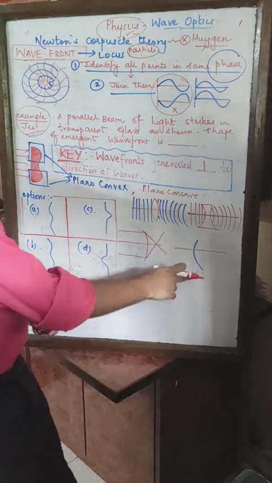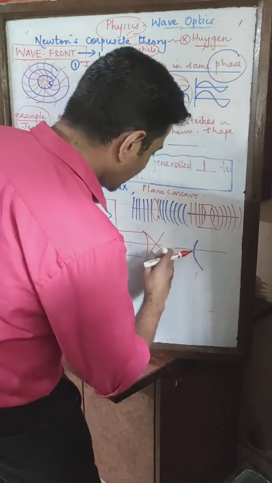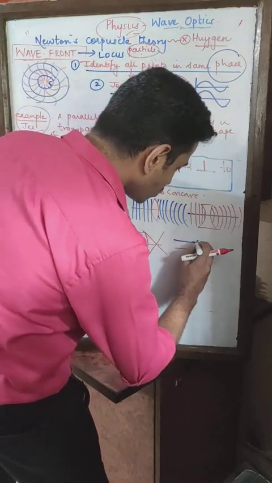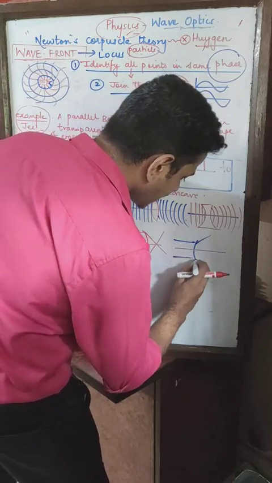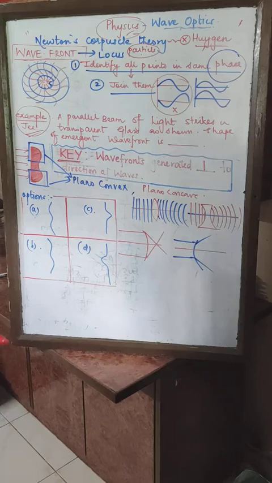Similarly, a concave lens always diverges its rays. This is the ray diagram.